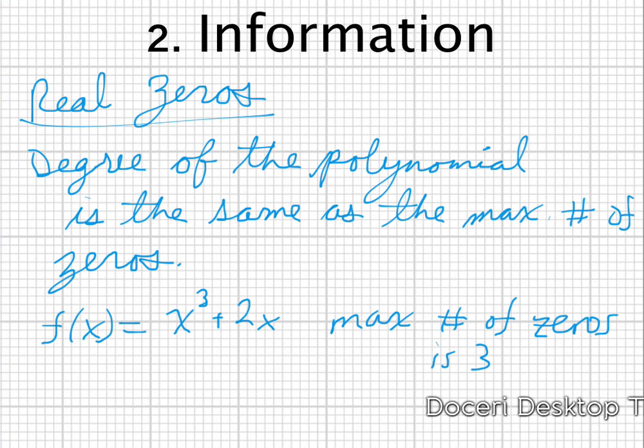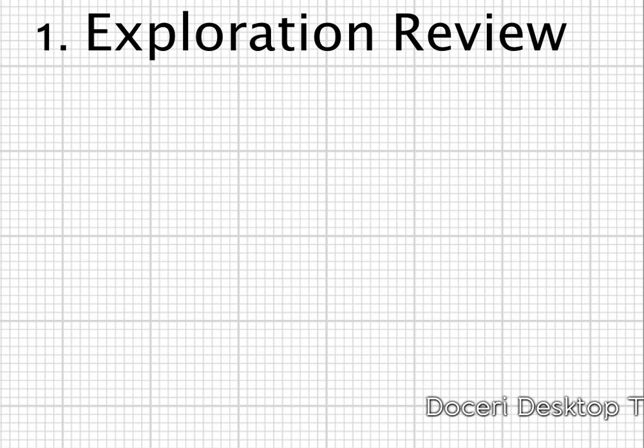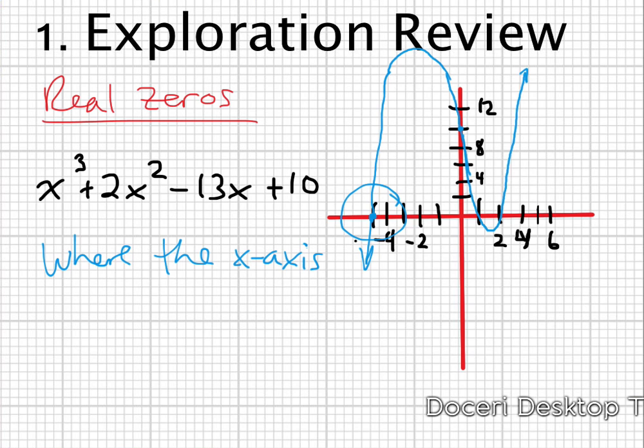Another thing about real zeros is the zero of a function is the point at which the graph intersects the x-axis. So again, going back to this equation, my graph intersected the x-axis at -5, +1, and +2. Those are considered real zeros. Okay?